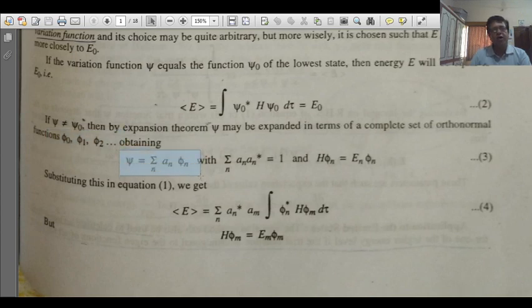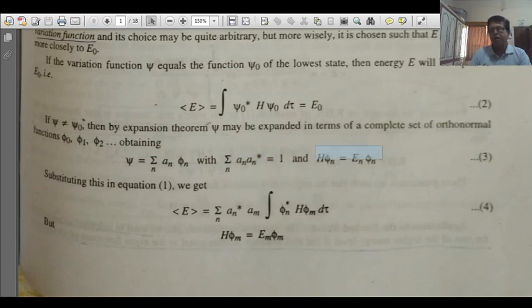So we are expanding psi in terms of the phi functions: psi equals summation over n of a n phi n, where summation of modulus a n squared equals 1.